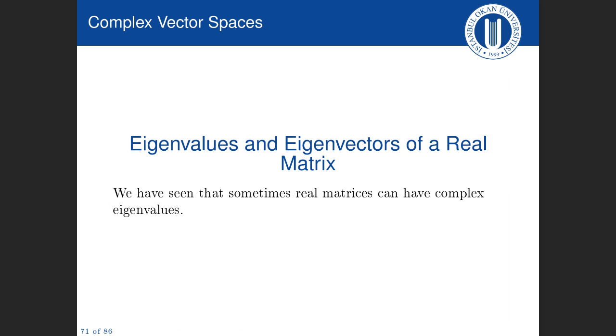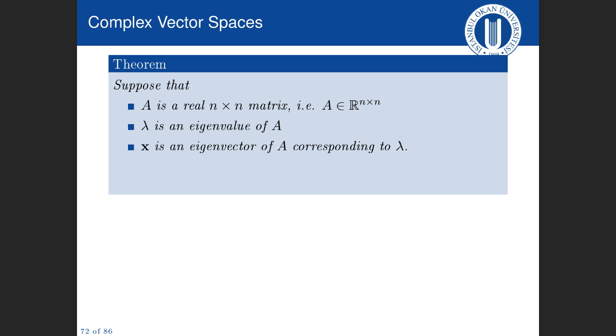Let's talk about eigenvalues and eigenvectors of a real matrix. We've seen that sometimes real matrices can have complex eigenvalues. Let's talk about this situation. I'm starting with this theorem. Suppose that A is a real n by n matrix, in other words, A is in R^(n by n), or if you want, M_nn.